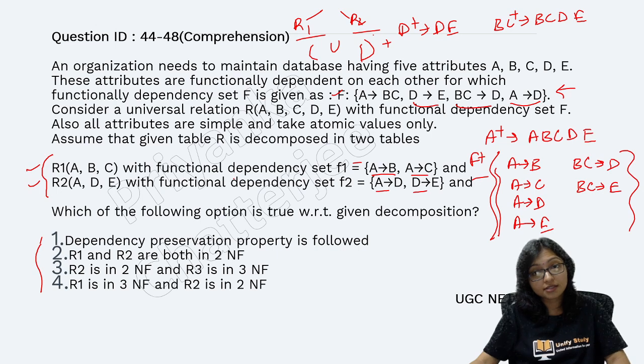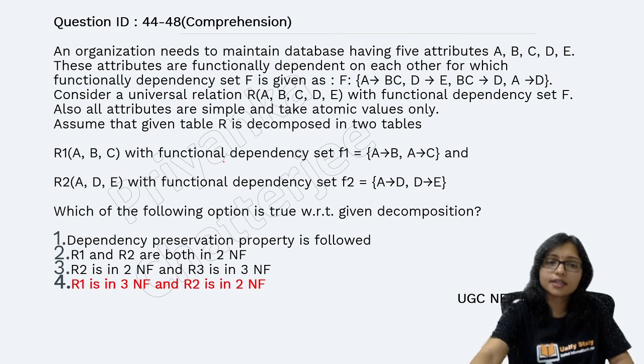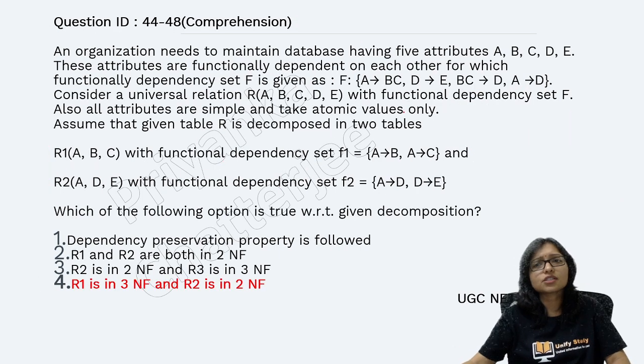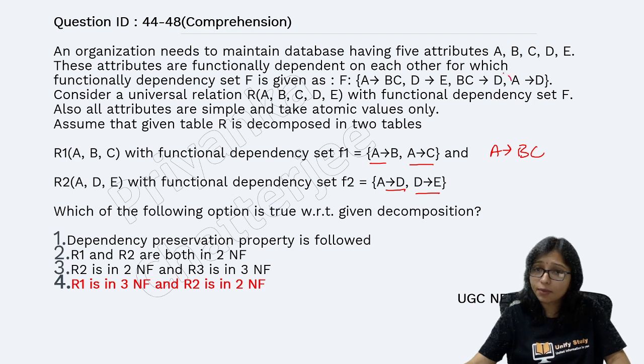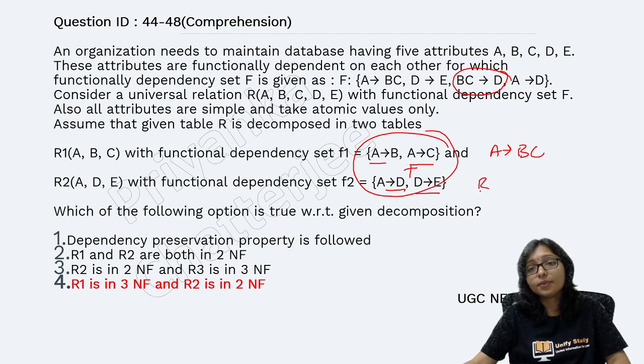So which one is the answer? Answer is this one, because it is not dependency preserving. You can see A implies B, A implies C here. From the A, I can determine only BC. That is done. And from here also A implies D, D implies E. Can you determine BC implies D from anywhere? If you are adding both dependencies also, BC cannot determine D anyhow.